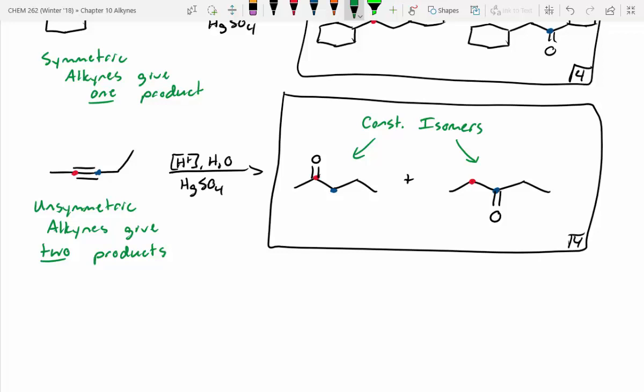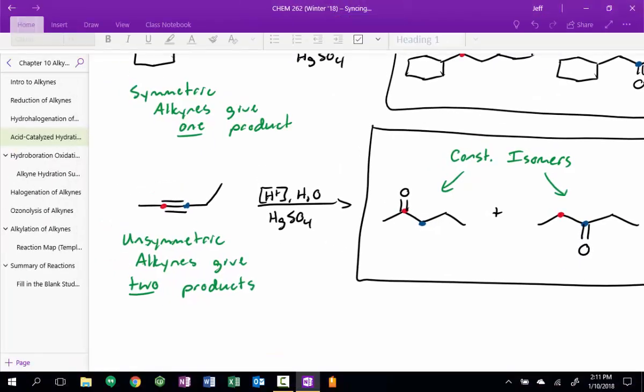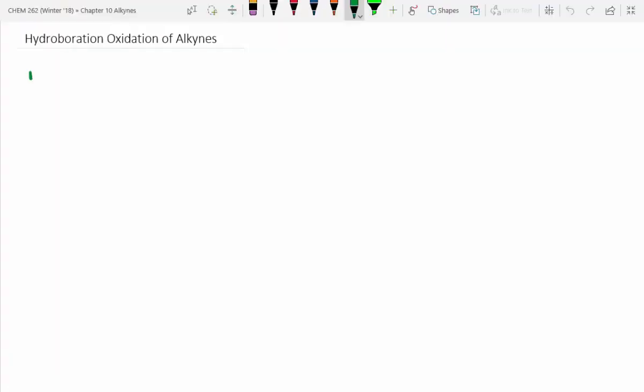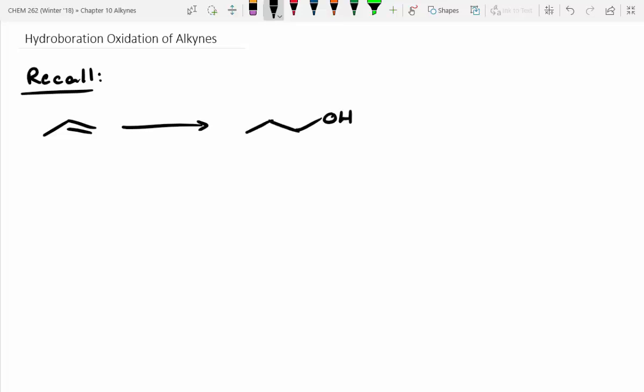Make sense? All right, so now what we need to do is take a look at the anti-Markovnikov hydration, and we'll get into this pretty briefly, just like we did last chapter. And we said, with alkenes, we can get an alcohol installed on the anti-Markovnikov position by using what reagents?